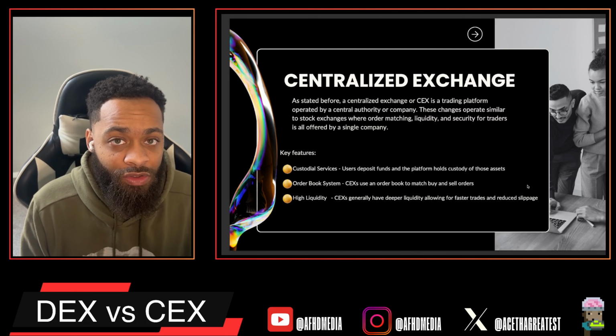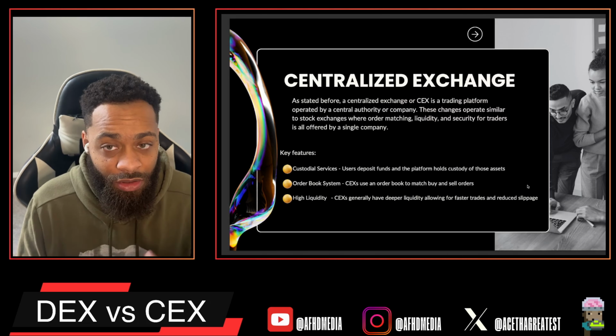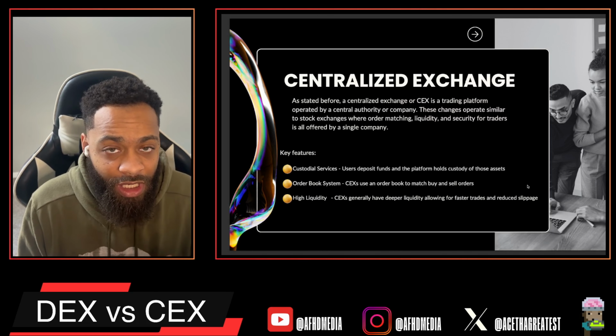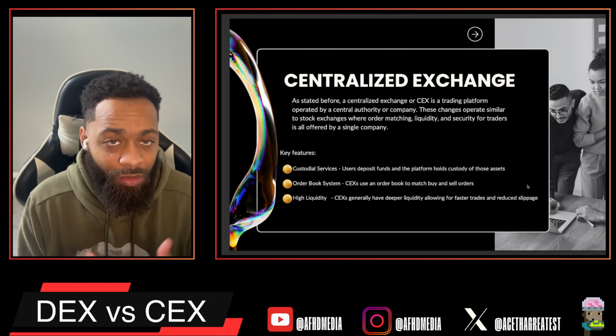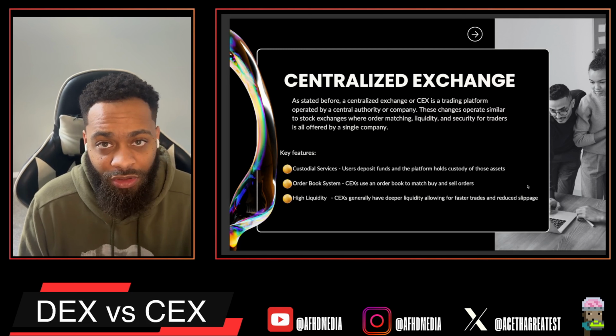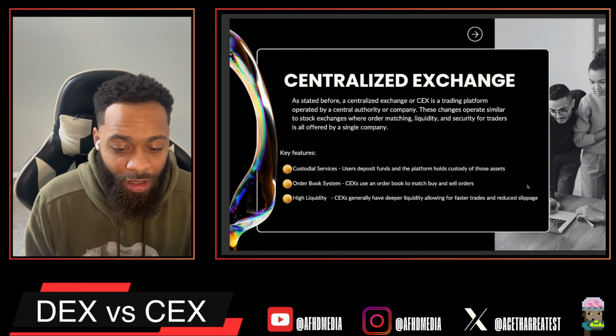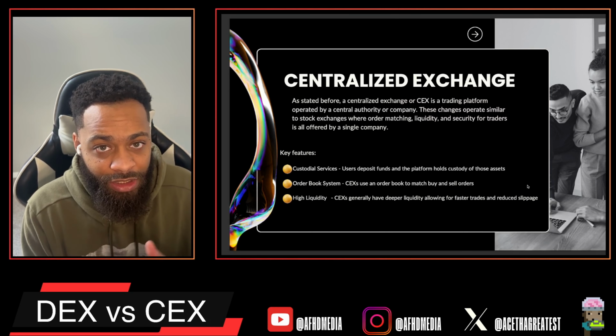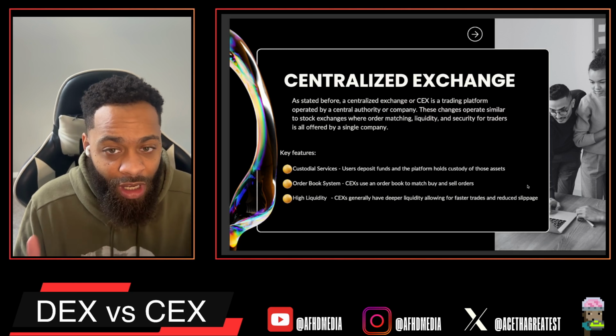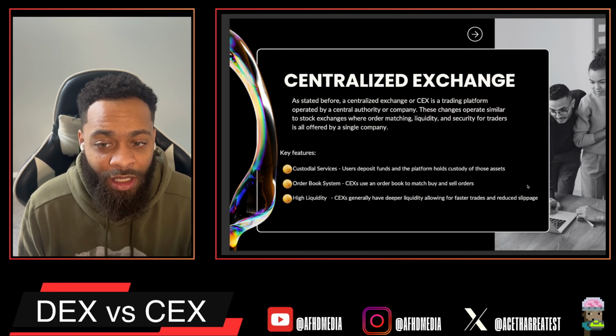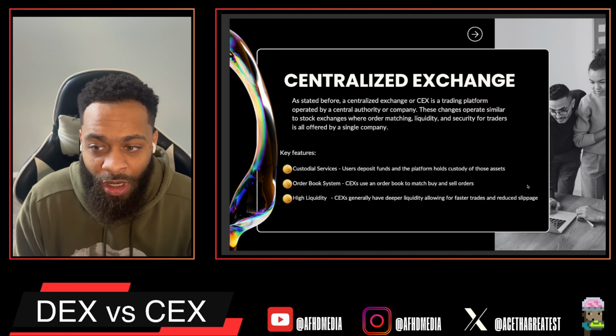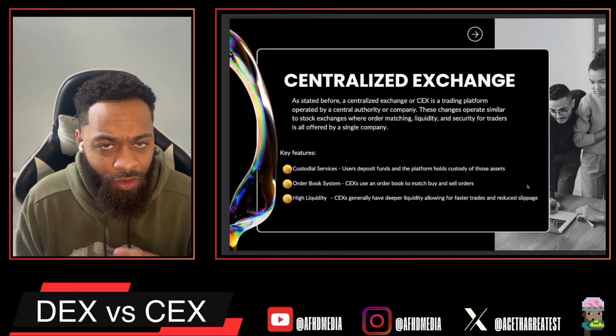Some key features for centralized exchanges are custodial service. Users can deposit funds, and the platform holds the custody of those funds until a trade is made. And even after that, the assets that the user trades that capital into is custodied and held by that company running the exchange.